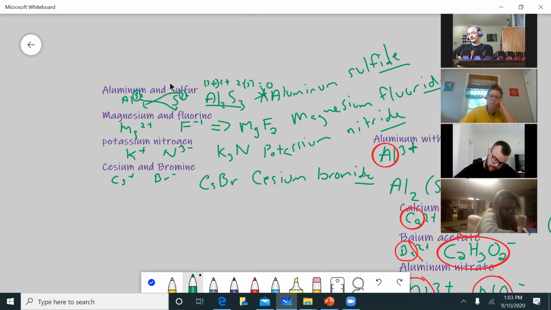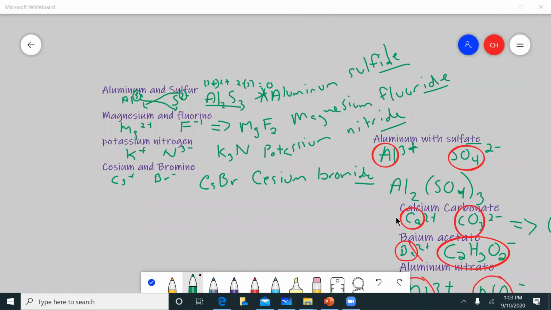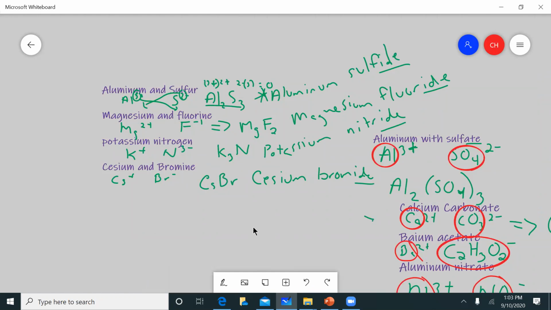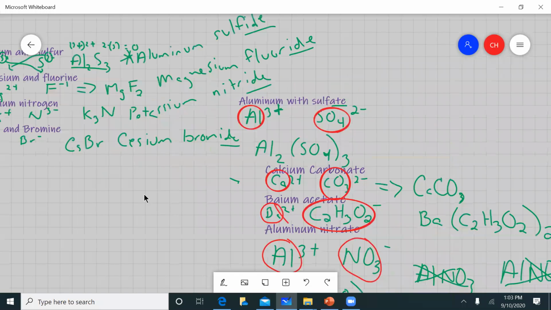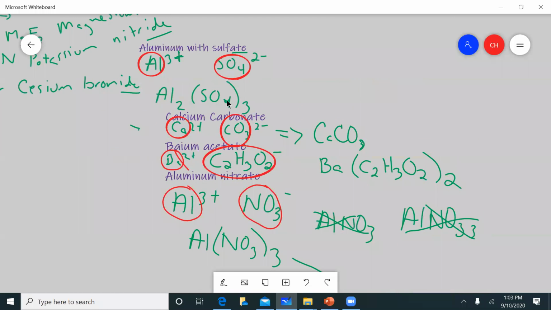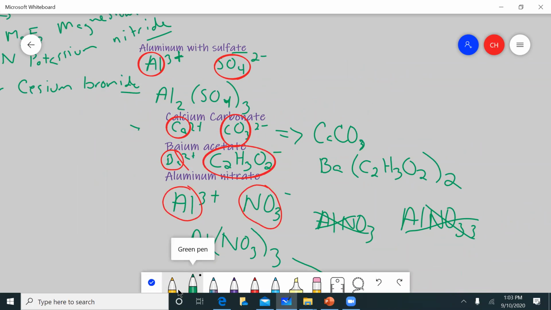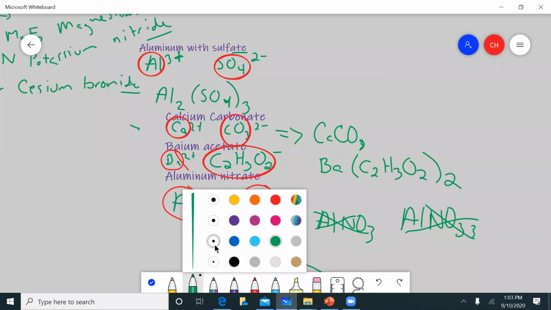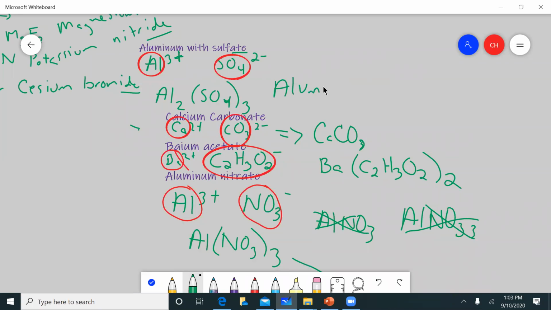If you've got a metal with a non-metal element, say the metal, say the base of the second guy, and just add -ide. If you have a polyatomic ion for your second thing, which we've got going on here, all you do is smush the two together. So I would call this thing here aluminum sulfate.